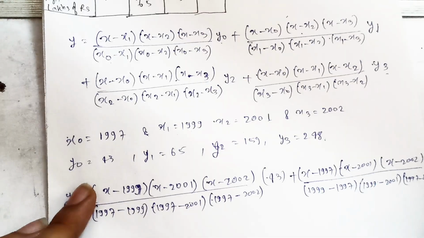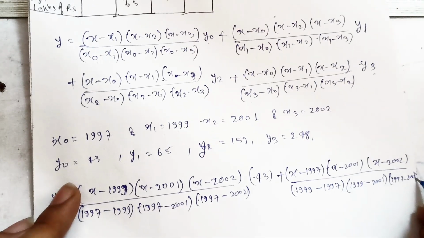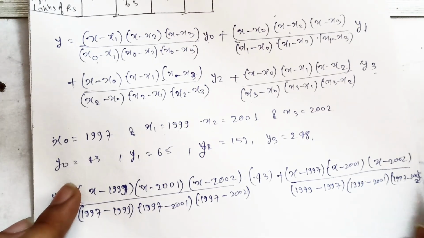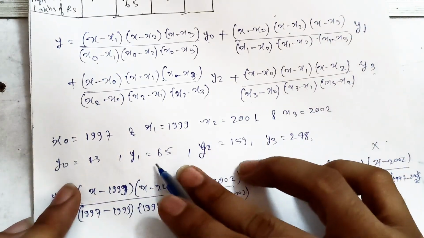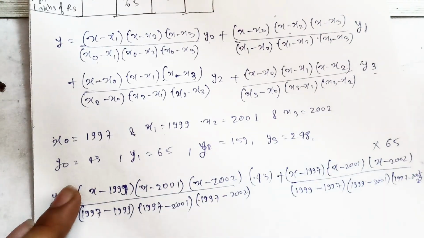Below we use x1, which is 1999, minus 1997, then 1999 minus 2001, and 1999 minus 2002, and then we multiply it with y1, which is 65.